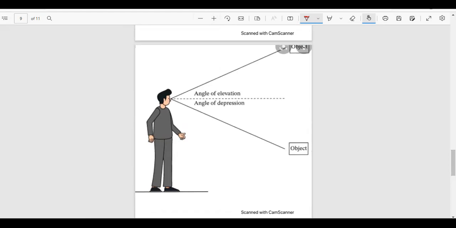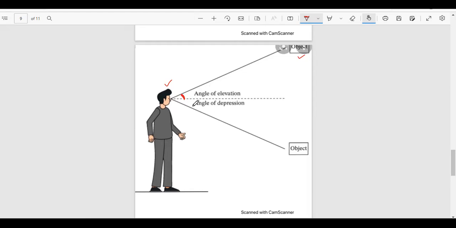This is the first object and this is the second object. Basically you'll make a line between the two objects. They would be at different heights. Then you'll find the angle between that line and the horizontal line. This would be the angle of elevation.